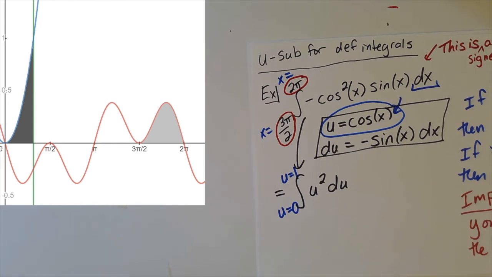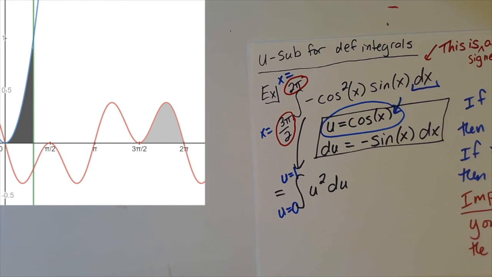So that's the area between 0 and 1 under just the graph of y equals u squared. What's not at all clear is that if you squish the area on the right into this parabola form, it's exactly the same as the area on the left. But it has the bonus that I didn't previously know how to calculate the light gray area, but I definitely know how to calculate the dark gray area.